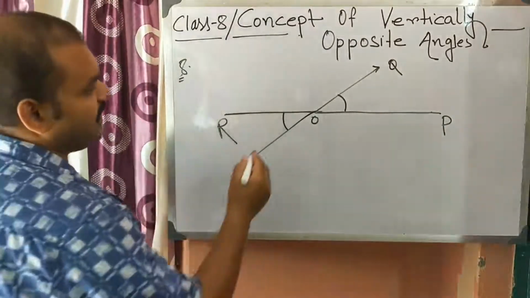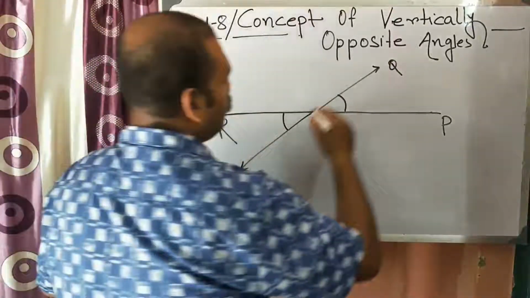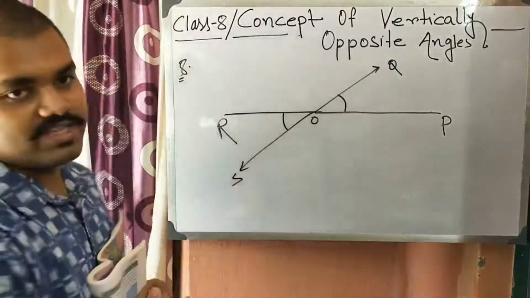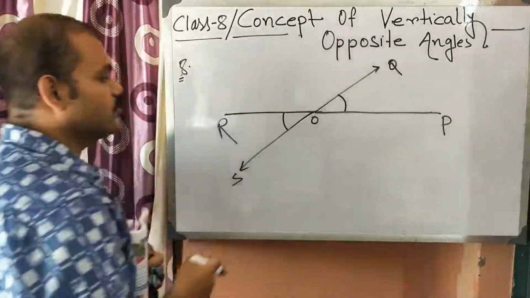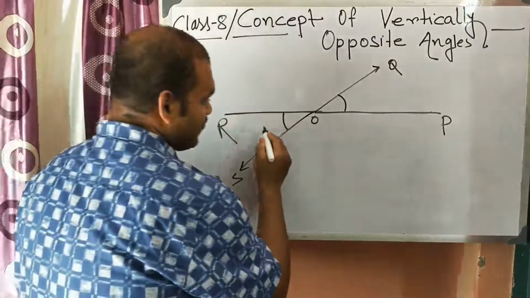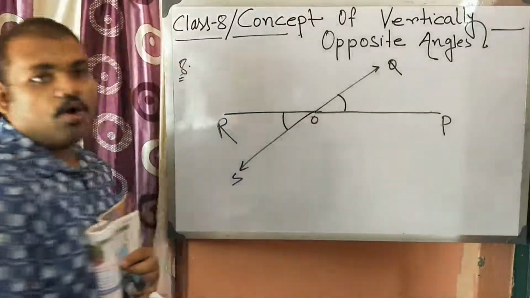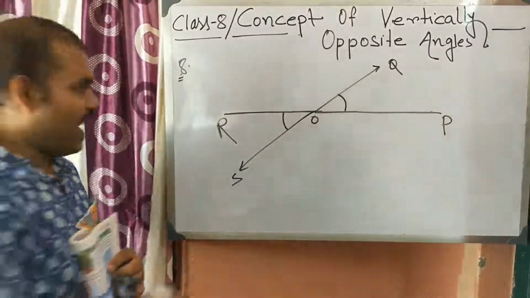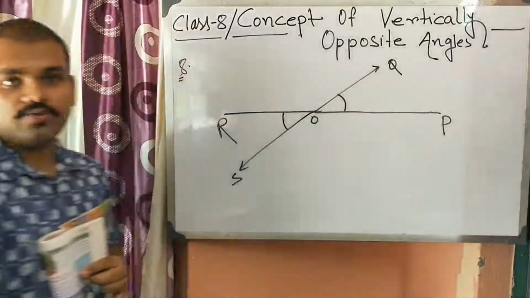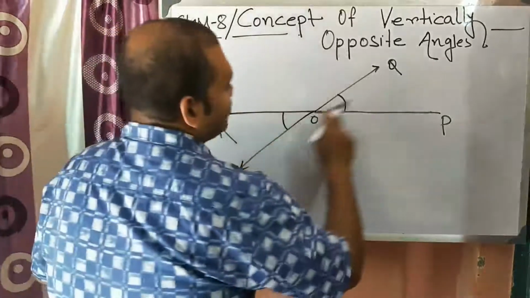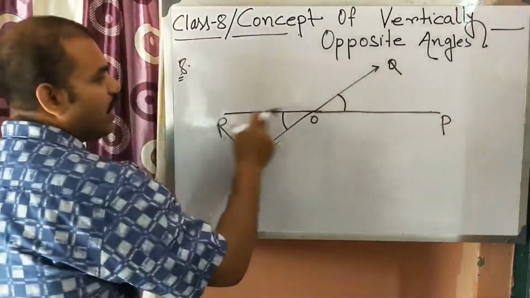So it is given that O is a point, and from O, OP, OQ, OR and OS are the rays, or you can say the line segments, in such a way that OP and OR are on the same straight line and R and P are on the opposite sides of O, and there is another condition that POQ is equal to ROS.